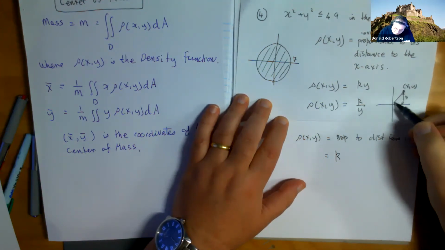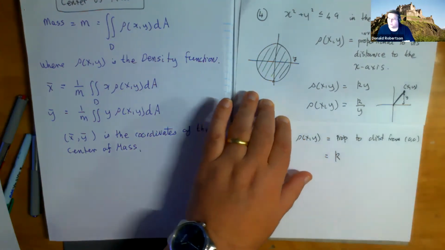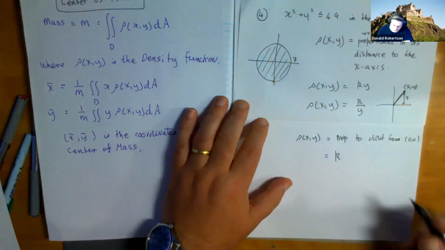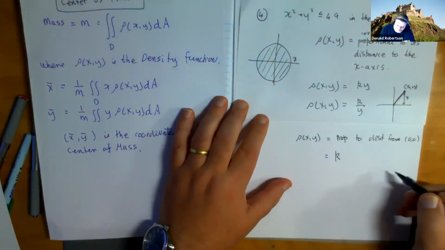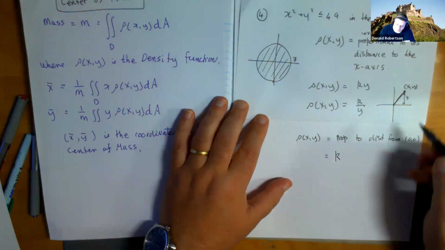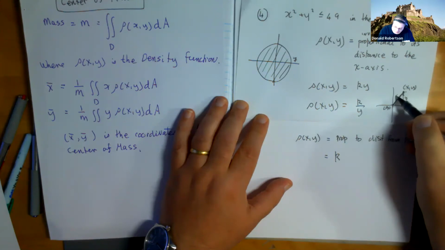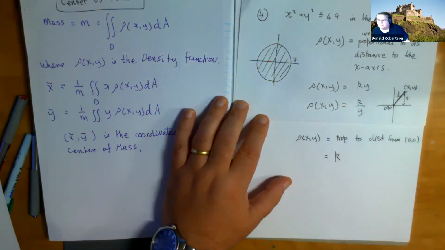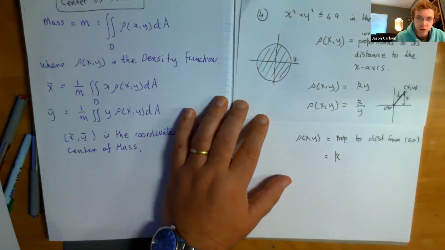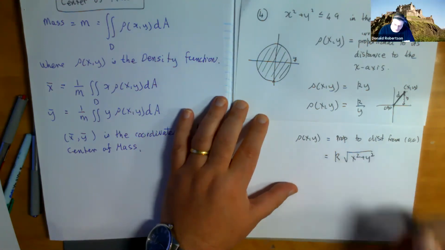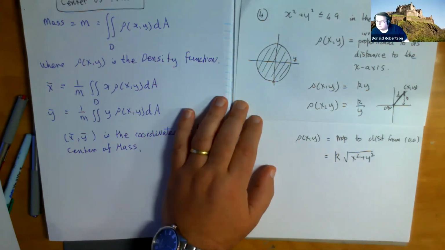So imagine that's x, y. What is the distance of the general point x comma y to the origin? If that's x, y, and this is 0, 0, what's the distance, d? Square root of x squared plus y squared. And that's what the density function would look like in that story.